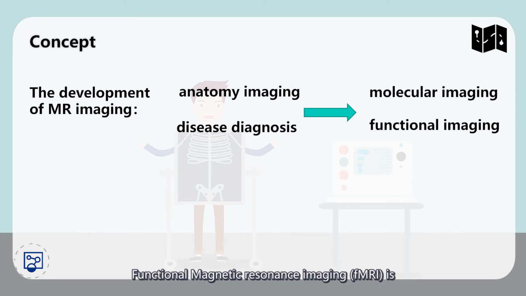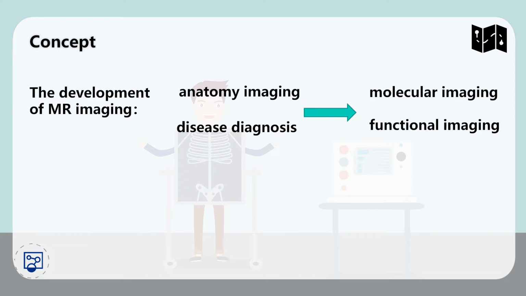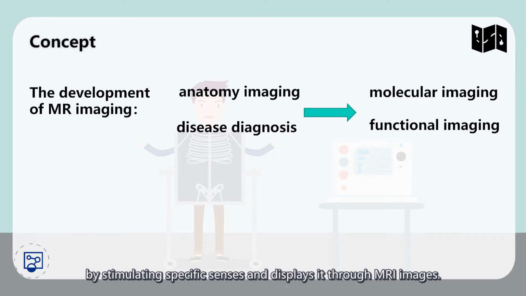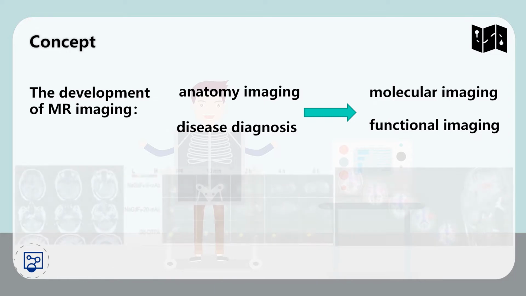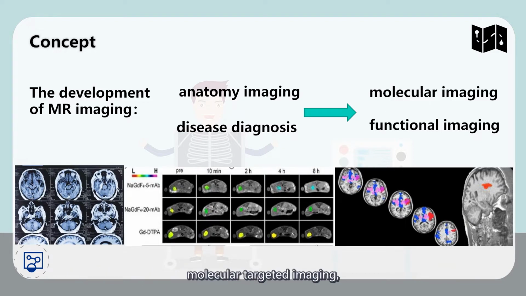Functional MRI is a research method that detects nerve activity in the corresponding part of the brain cortex by stimulating a specific sense and displaying it through MRI images. The following three images show conventional MRI anatomical imaging, molecular target imaging, and functional brain imaging.